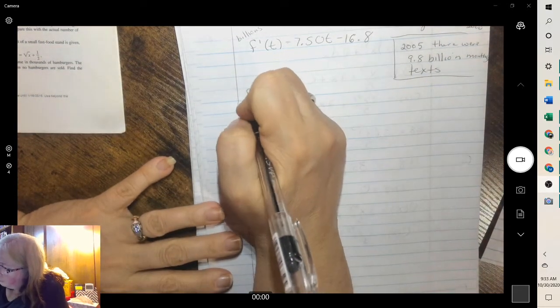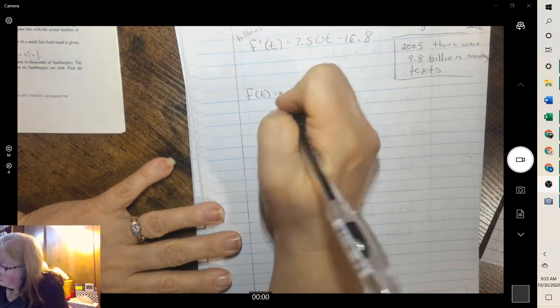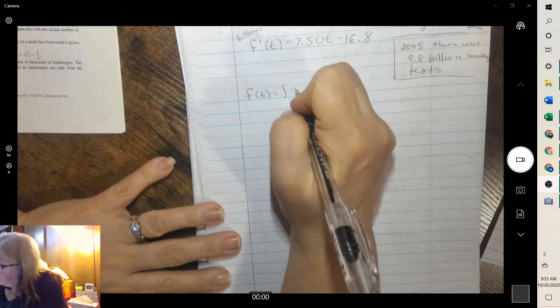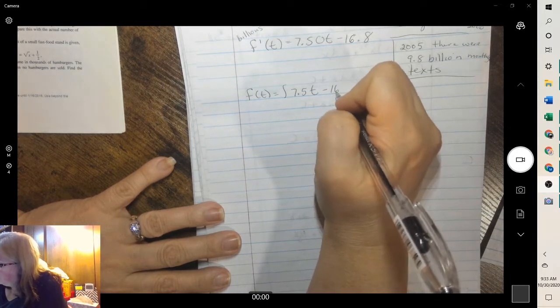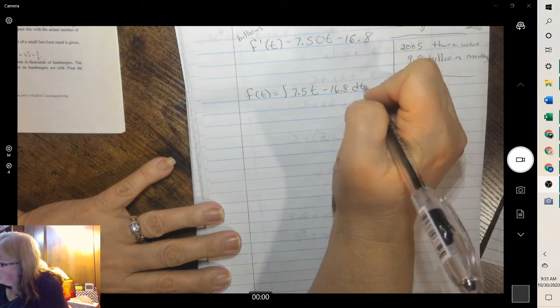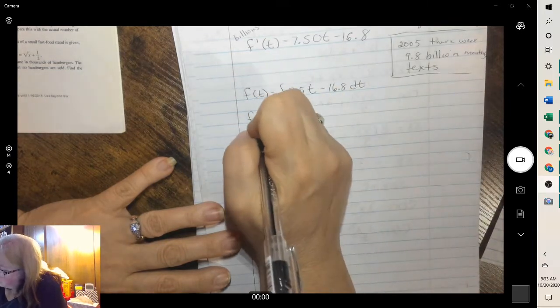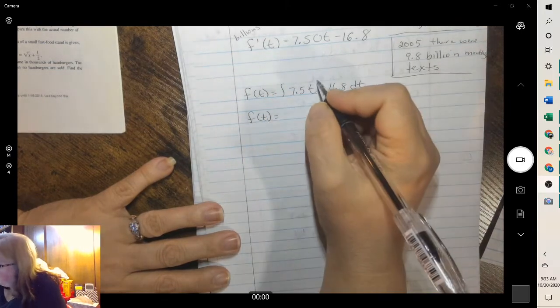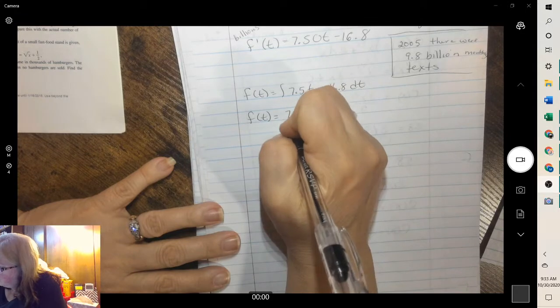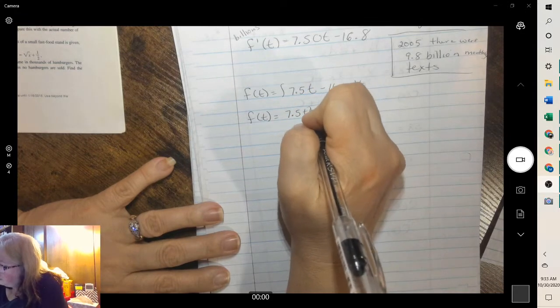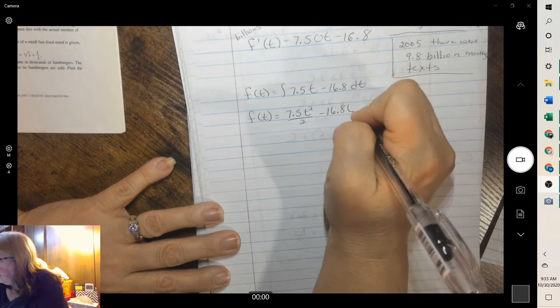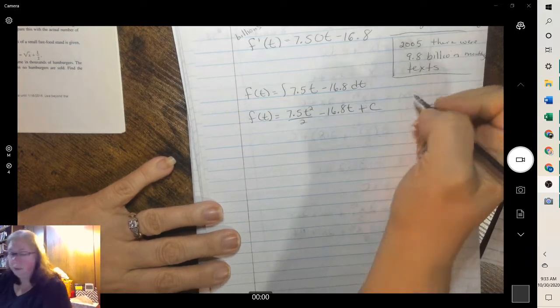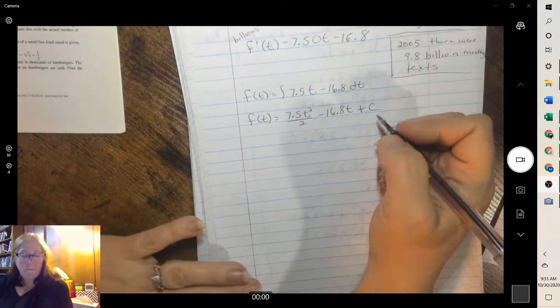That means we want to find f of t, and that would be the integral of 7.5t minus 16.8 with respect to t. Remember, we're adding 1 and dividing, so 7.5t squared over 2 minus 16.8t plus our constant.